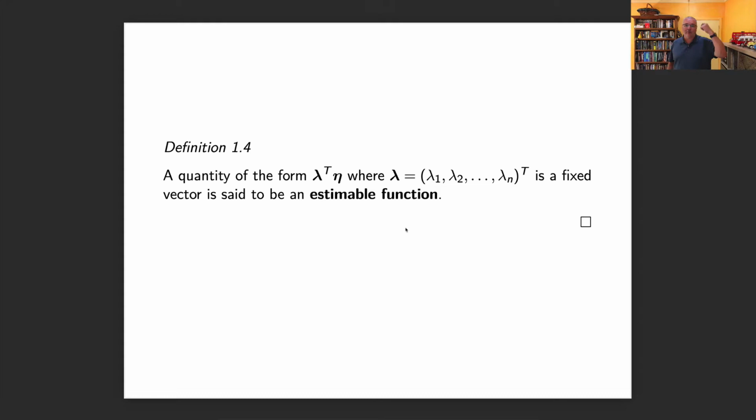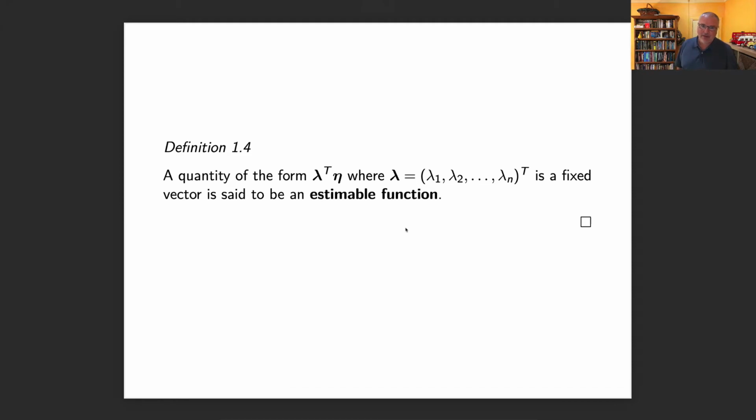So it's lambda 1 times the expected value of y1, plus lambda 2 times the expected value of y2, plus lambda 3 times the expected value of y3, all the way to lambda n times the expected value of yn. That takes my expected values of y's and a vector of scalars, and I dot multiply them.